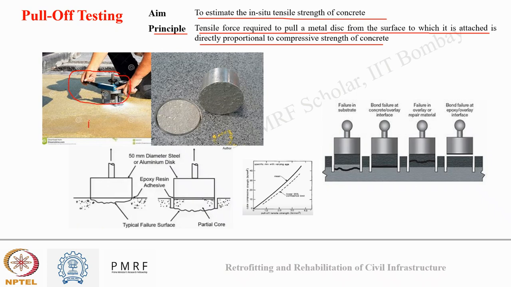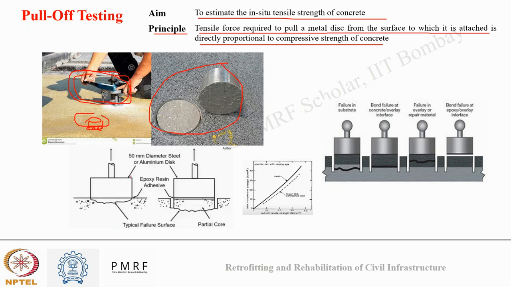There will be a cylindrical metal disc attached to the concrete surface using epoxy adhesive, and later this pull off testing instrument is used to pull the metal disc out. And here you can see a certain failure, how it appears when the disc is pulled out.